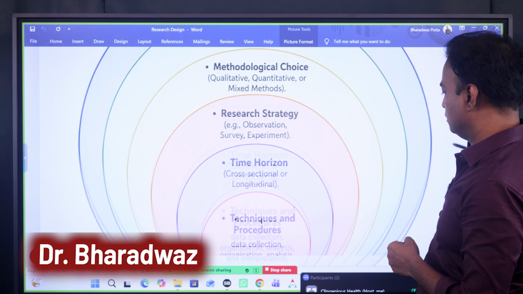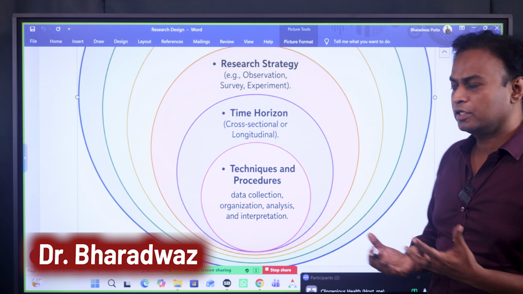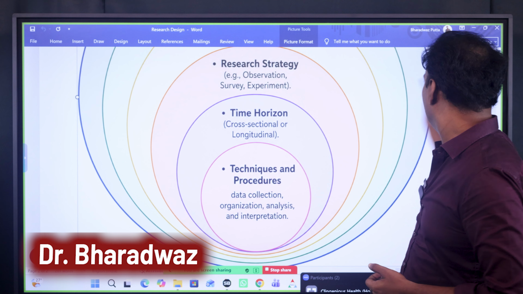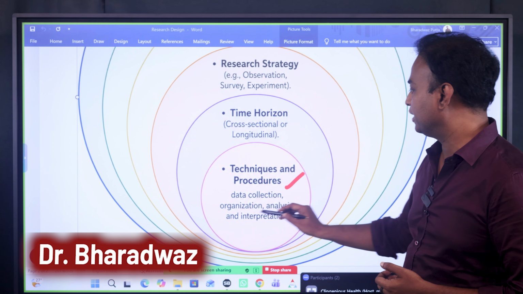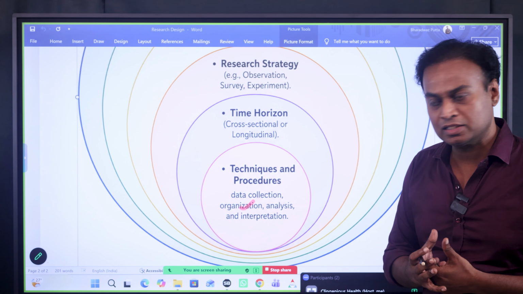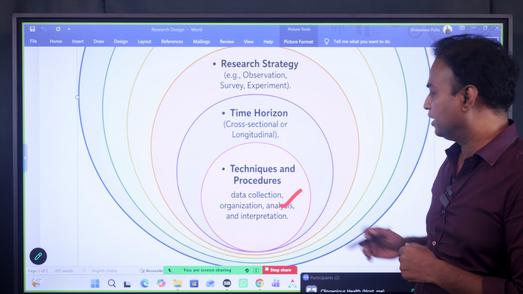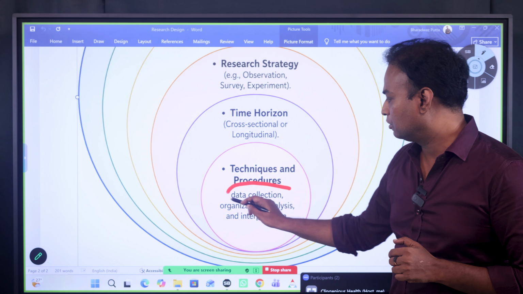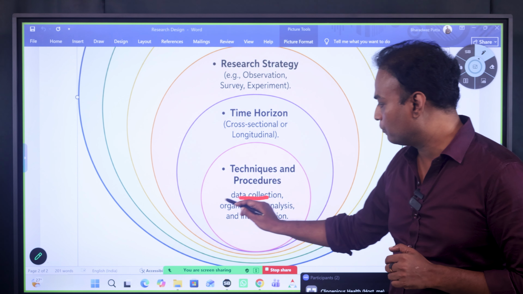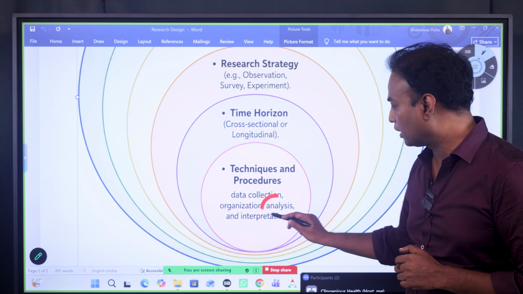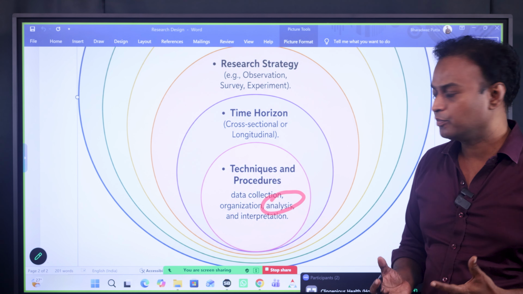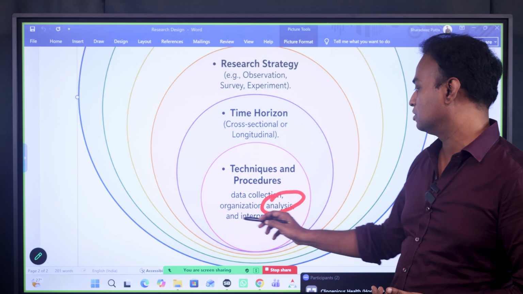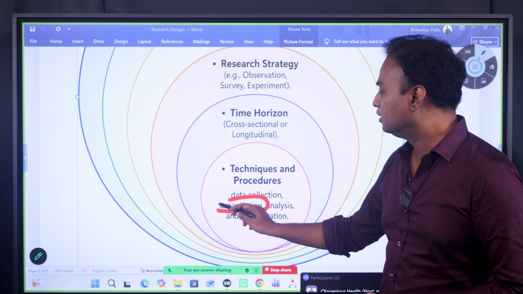And the final one is techniques. What techniques do you want to employ? What data collection techniques? Once you collect the data, you have to organize, analyze, and interpret the data. So how are you collecting the data, organizing it, and analyzing it? Is it the null hypothesis or the alternate hypothesis? Organization is again data cleaning.